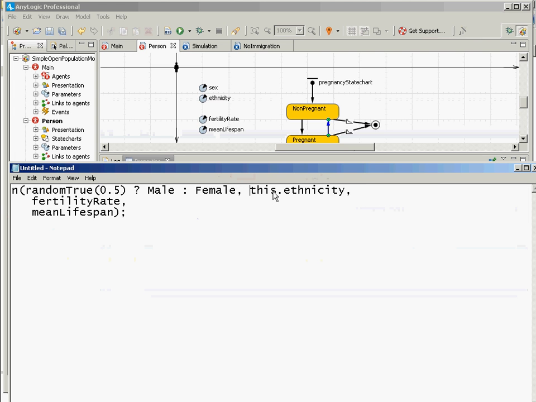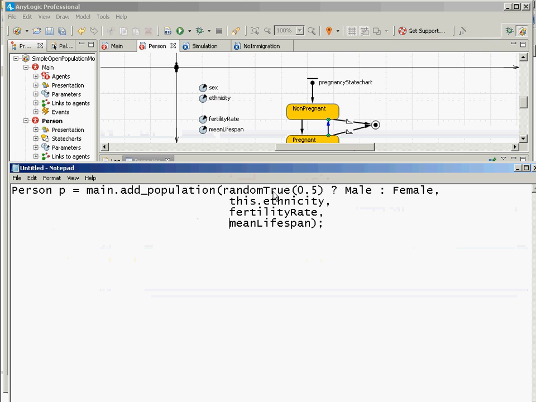That will do. So we're going to add them to the population. It's equal probability, either sex. It's taking the mom's ethnicity, and it's using the fertility rate and mean lifespan associated with the mom, which is kind of silly that we have in here. They really shouldn't be.